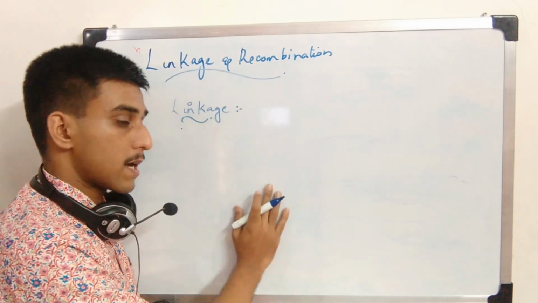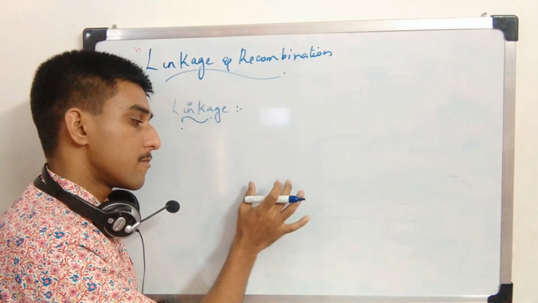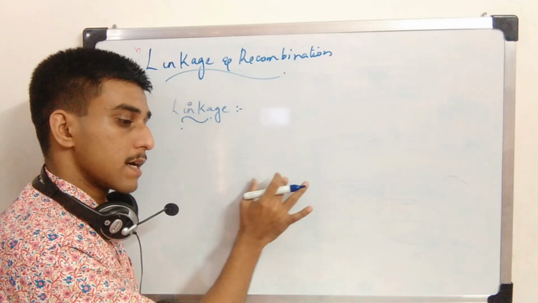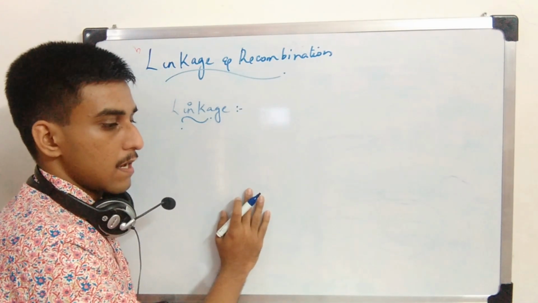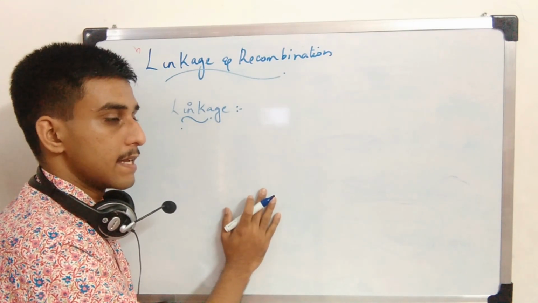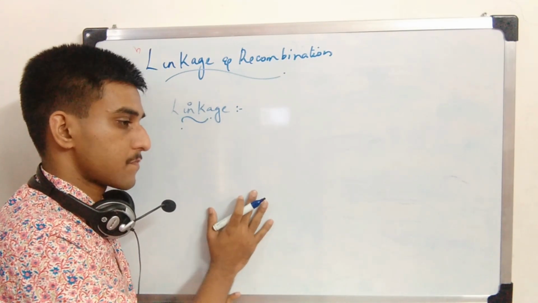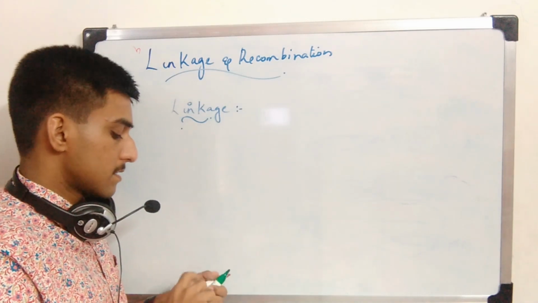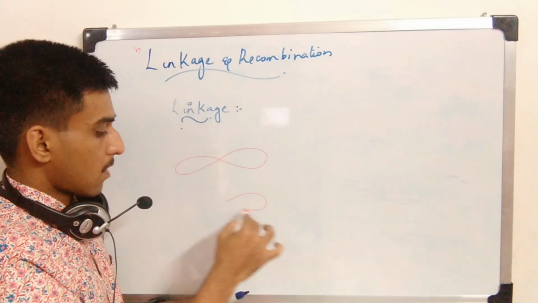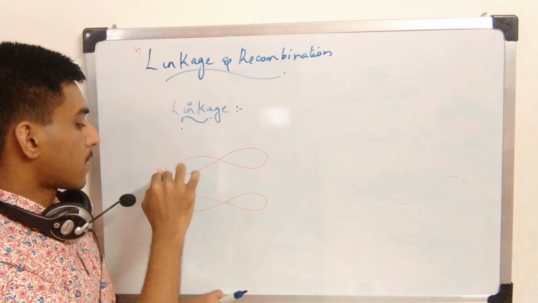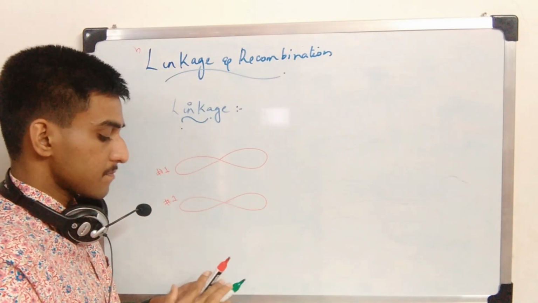I first draw a diagram ABC. We can only define linkage in the case of the same chromosome. So linkage can be of two types. We can say a linked gene or an unlinked gene. What do you mean by linked gene? Just consider a chromosome here. These are homologous chromosomes. That means chromosome 1, and this is also chromosome 1.